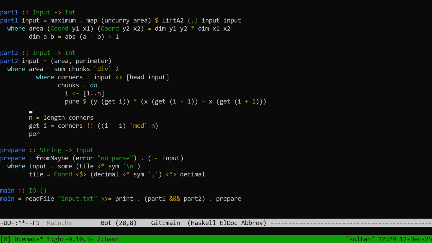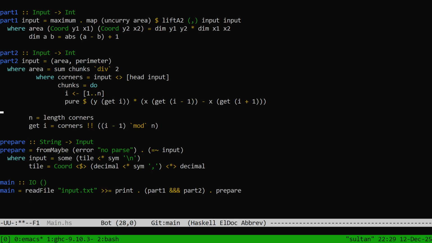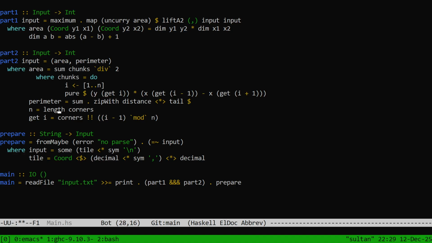And then have a separate definition of perimeter here. I think I want this in the outer one, actually.